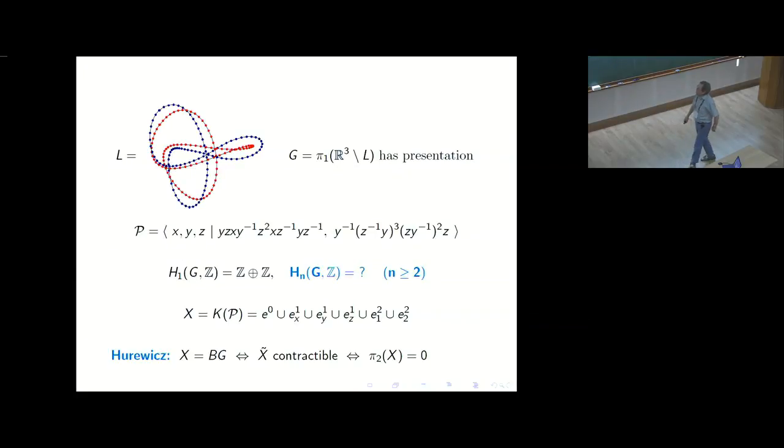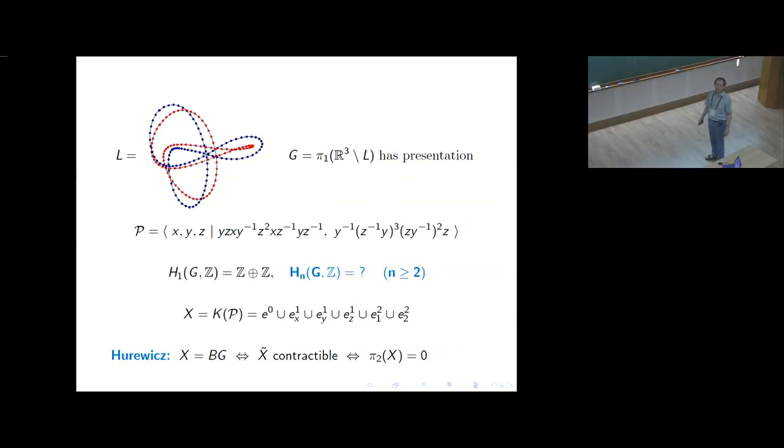Basic algebraic topology tells us that the space X is what I called yesterday BG, this contractible space EG with the action of G killed, if and only if the universal cover is contractible, and that's equivalent to saying, by Hurewicz's theorem, that you really want to check: is the second homotopy group of X trivial? That's sufficient to say that in this case, the space X, this 2-dimensional space, would be a classifying space.